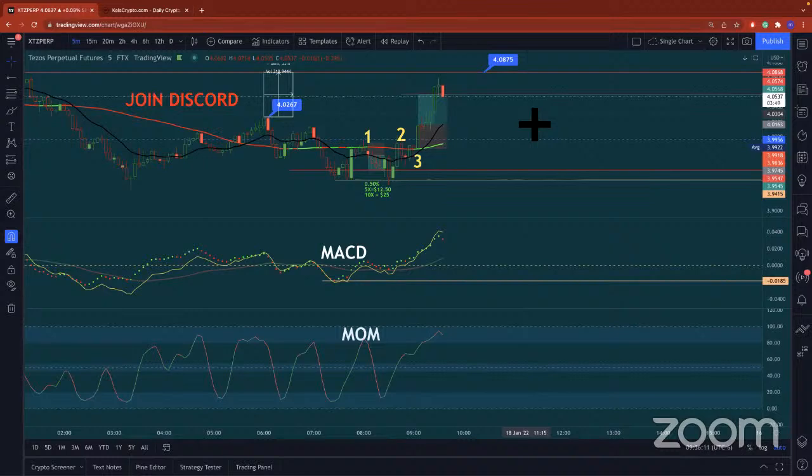I think I did the math wrong on there. So it's going to be 1%, $250 times 1% times 2, a $5 trade.